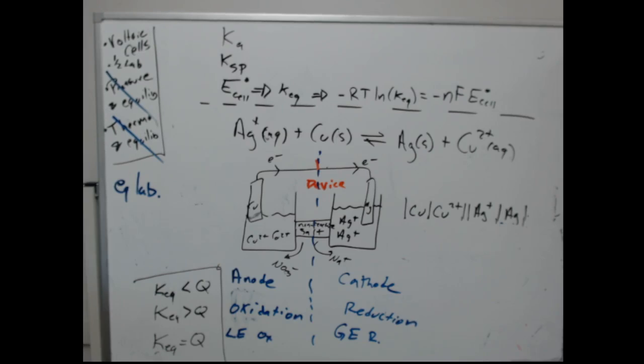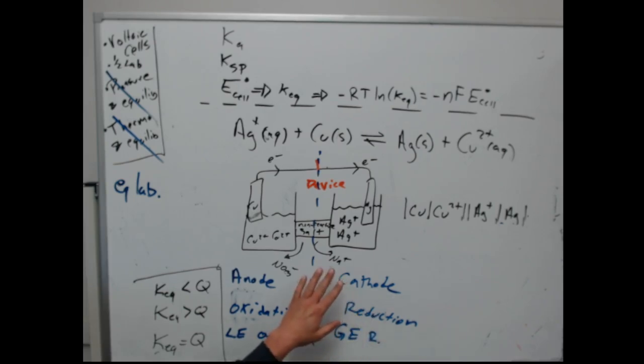There are two possibilities. Possibility number one is they give you the order where they want it to be anode and cathode. So they give you the anode first and the cathode second and say calculate the standard cell potential for this experimental setup. For that setup, it could be a positive voltage or a negative voltage. It could be spontaneous or non-spontaneous, depending on how you set it up. Maybe you set it up wrong.